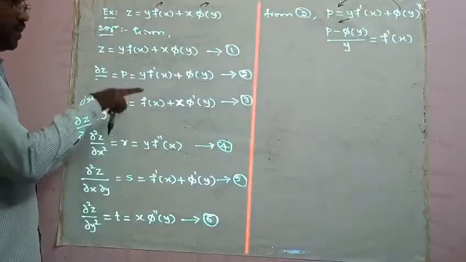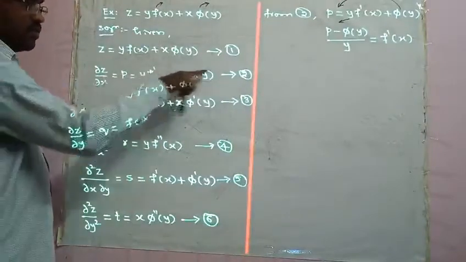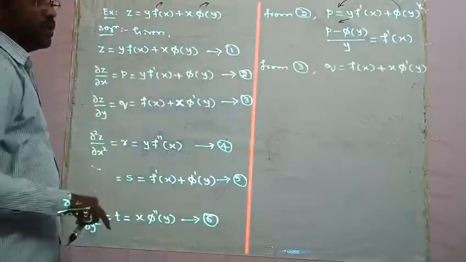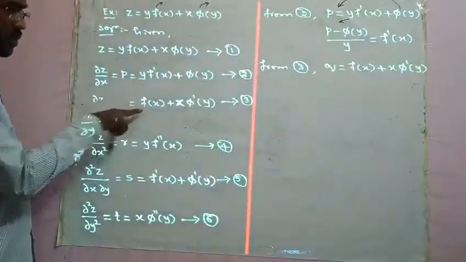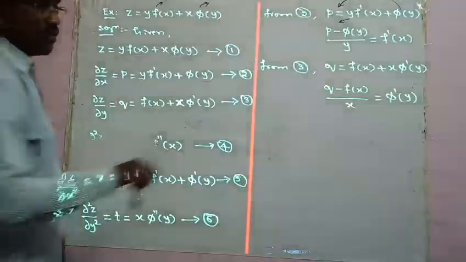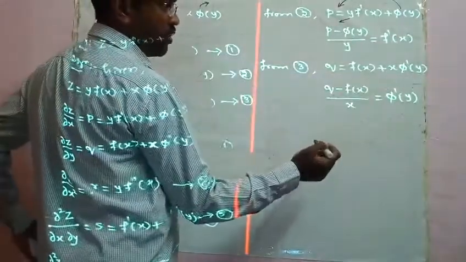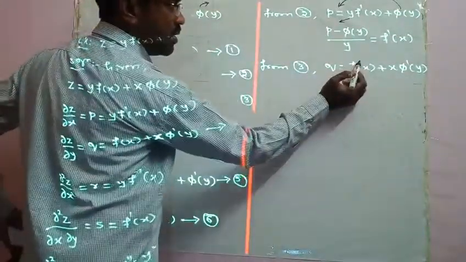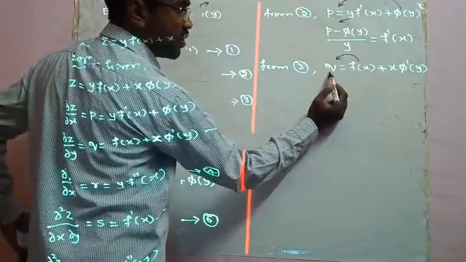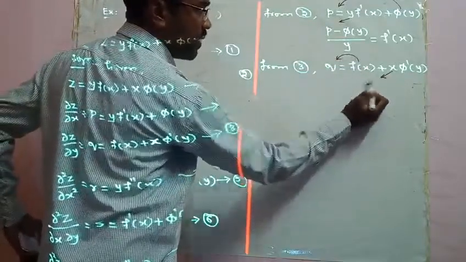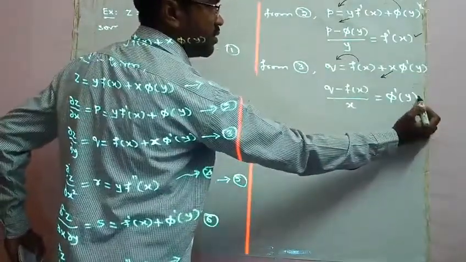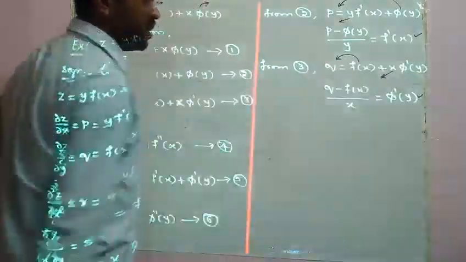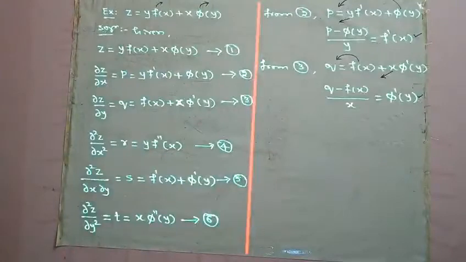See, we have separated the value of f dash of x from equation 2, and from equation number 3, let us separate phi dash of y. Take this f of x to the LHS, you get q minus f of x divided by x. So we have separated f dash of x and phi dash of y.